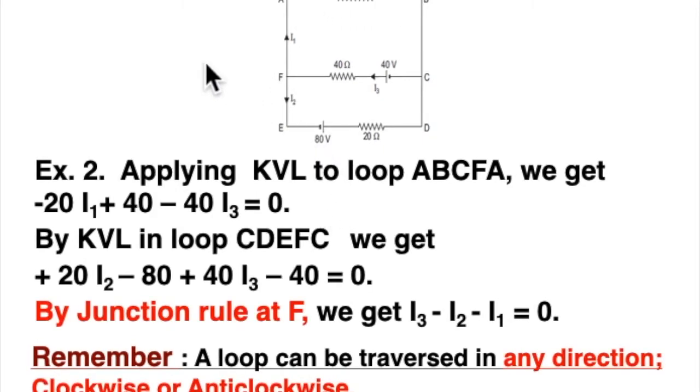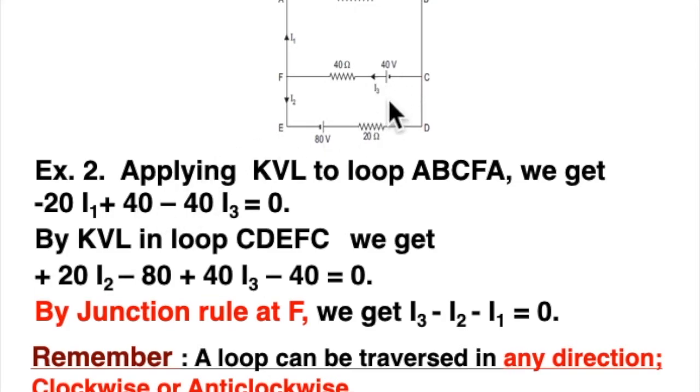Taking another example from Kirchhoff's law, let us take this circuit diagram. Applying KVL, Kirchhoff's voltage law, to the closed loop A, B, C, F, A, we get minus 20 I1, because you can see the direction of current is from A to B, so there will be a fall of potential, minus 20 I1, plus 40, because there is a rise in potential moving from negative to positive.